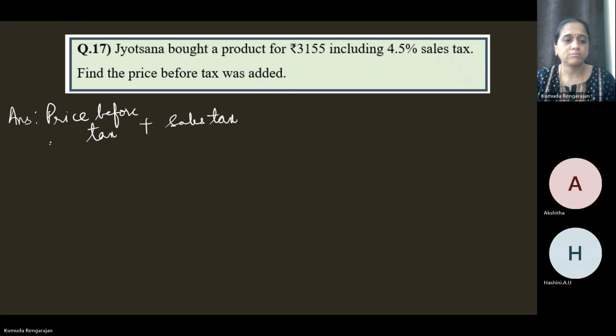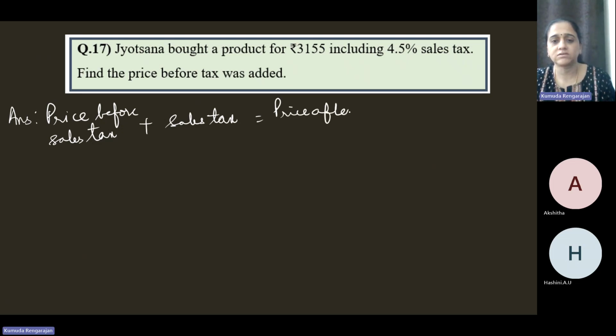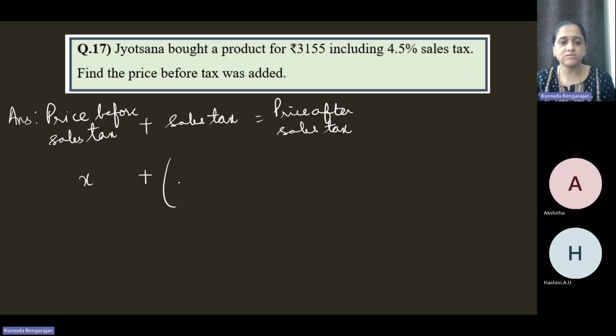Before sales tax plus sales tax is equal to price after sales tax. So before we don't know, so X plus sales tax, 4.5% of X.